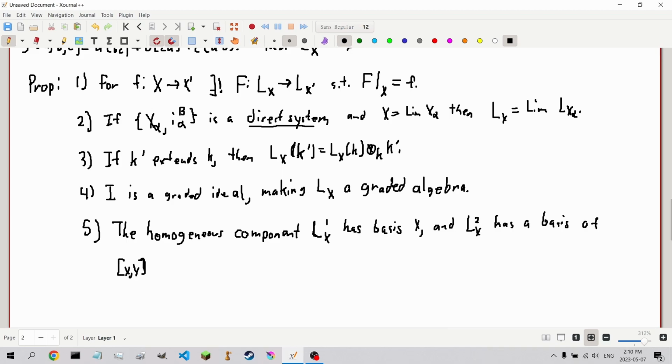I don't know if that's the Lie bracket or not. Where x and y are of course in X, but also x is less than y for some total order on X. And while I haven't looked at the proof yet, I'm guessing that's just so we don't double count xy and yx.